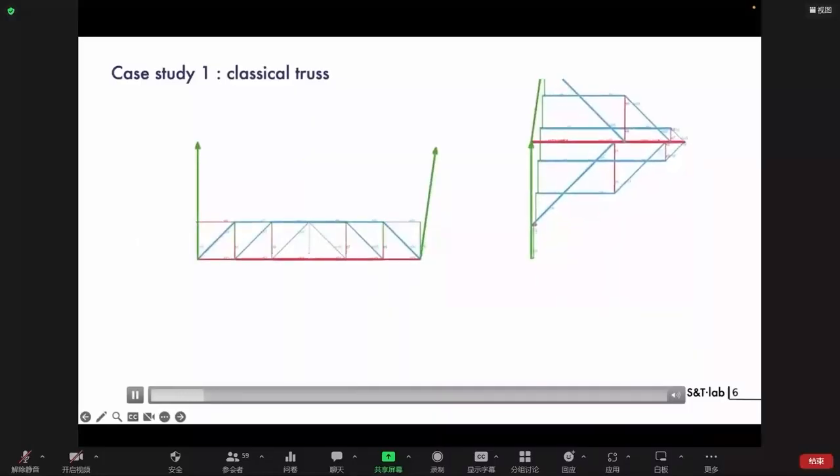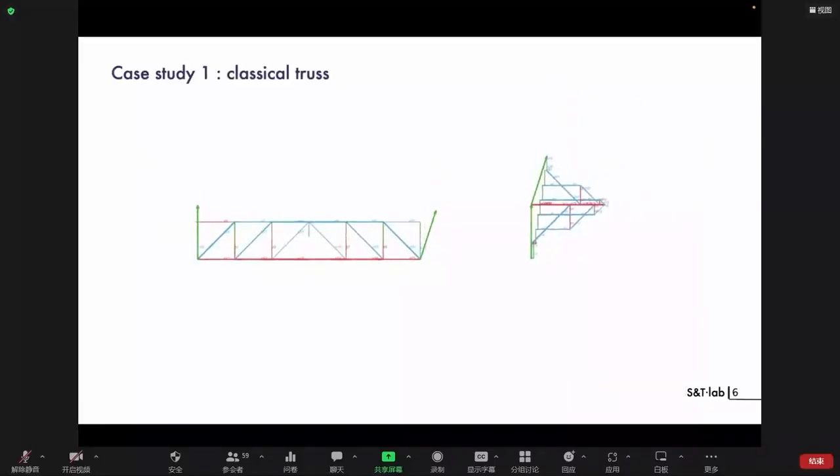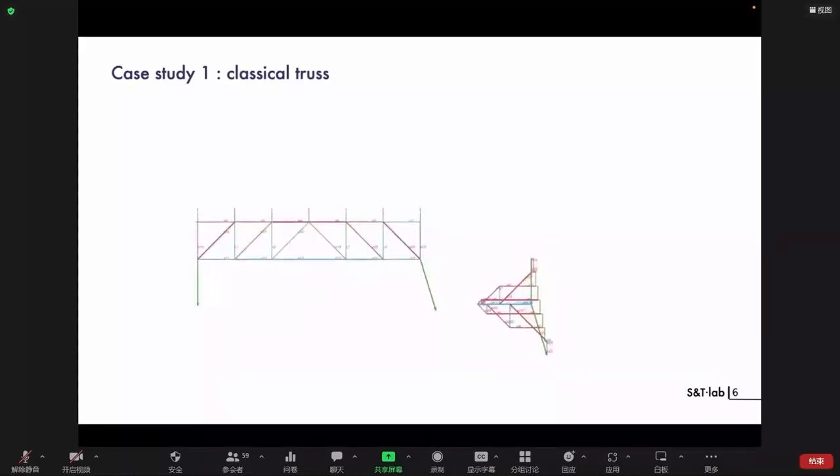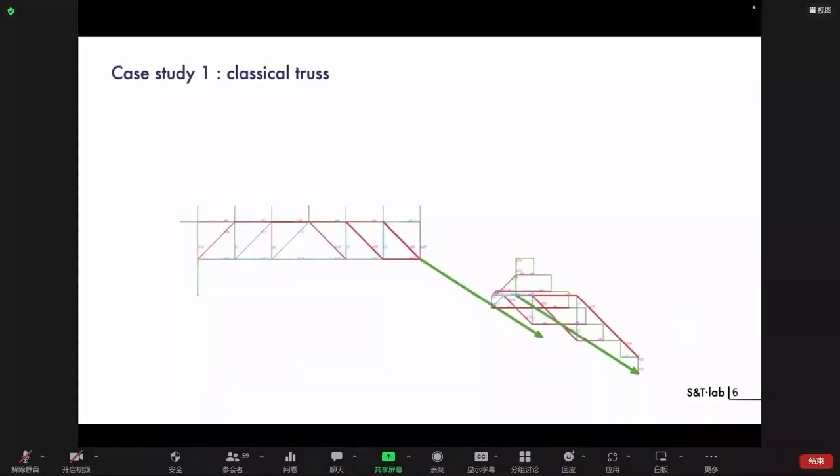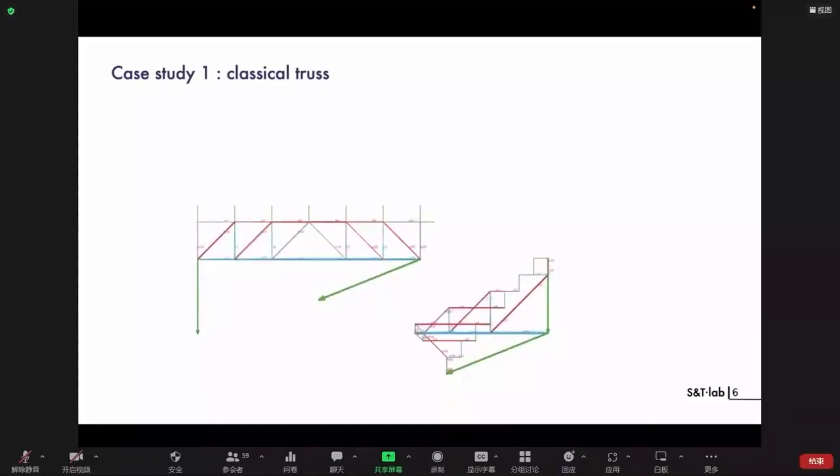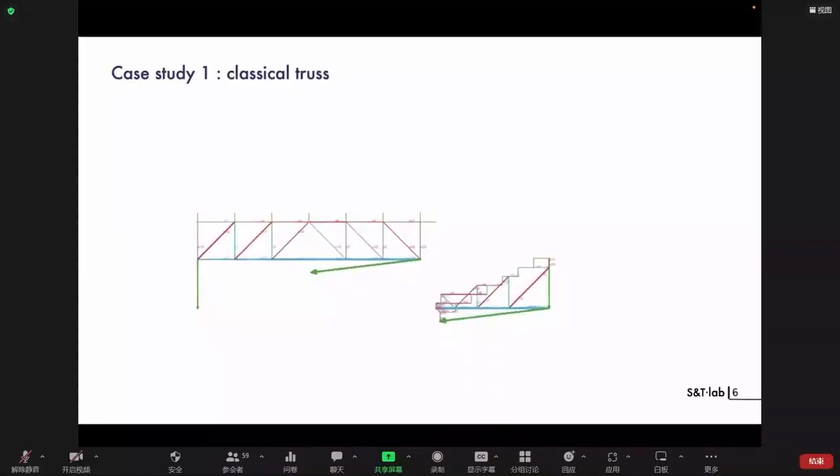You can manipulate the outer forces that you see in green, and you can see, as a consequence, the reactions on the structure. And you see that it's a real-time procedure.